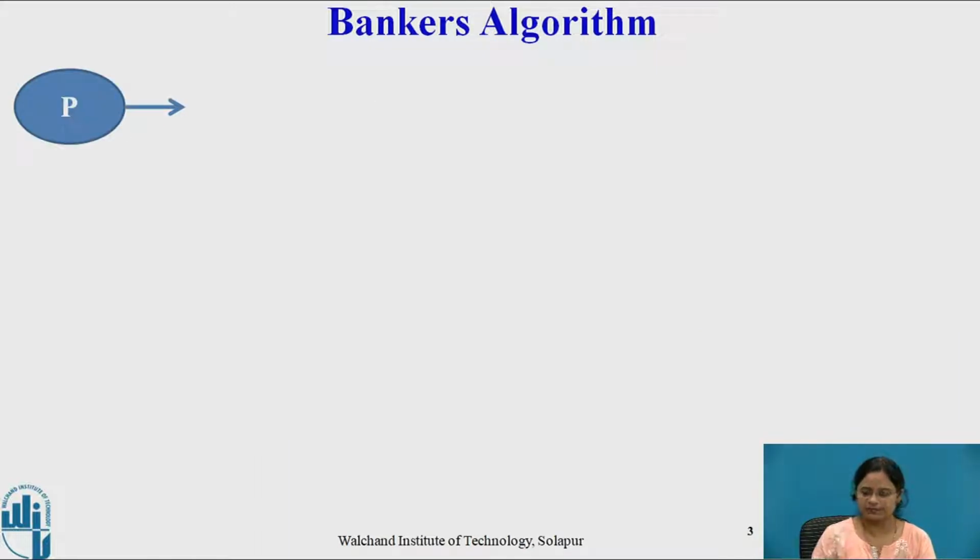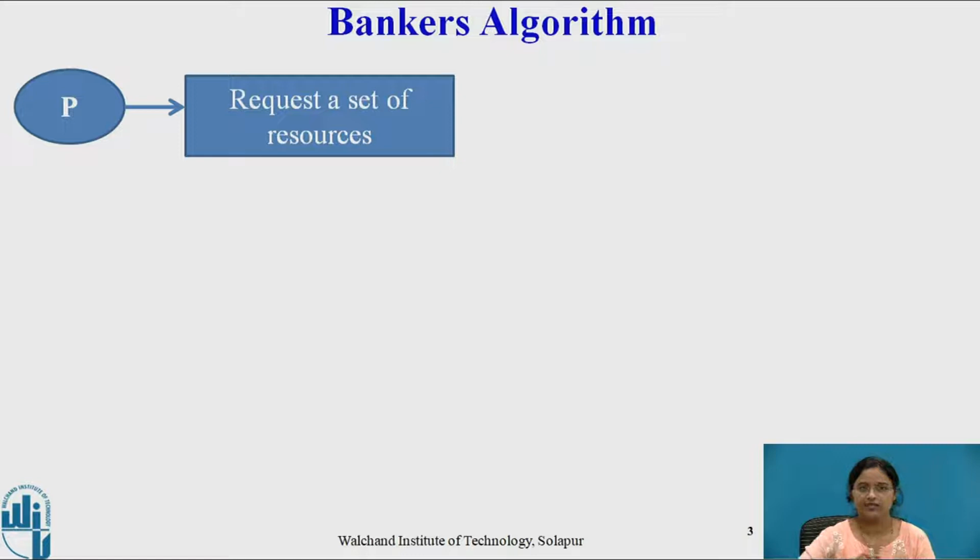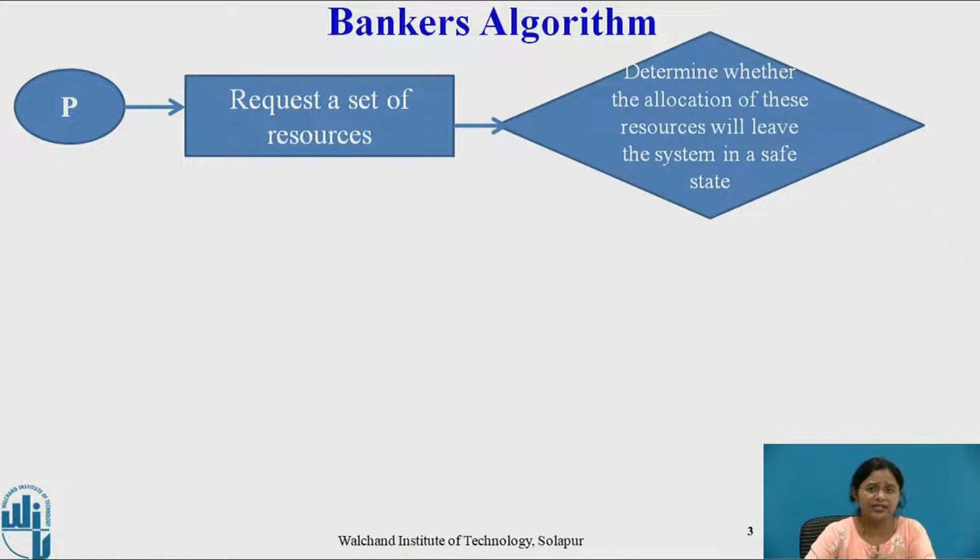Now process P has given its need, then it requests some set of resources from its need. Then the operating system has to determine whether the allocation of the resources requested by process P will leave the system in a safe state or not.